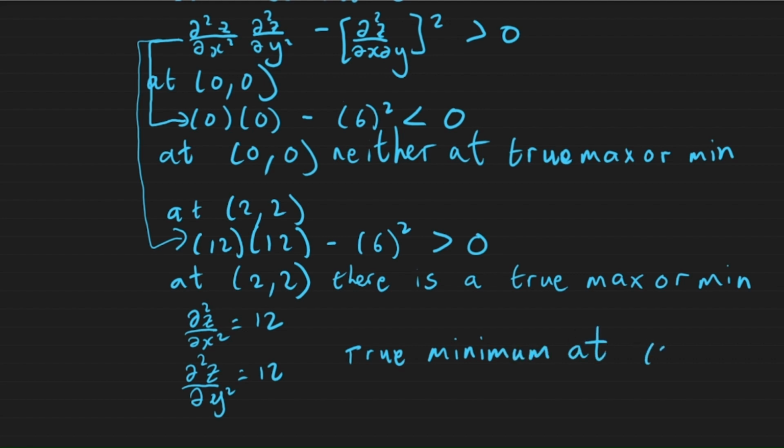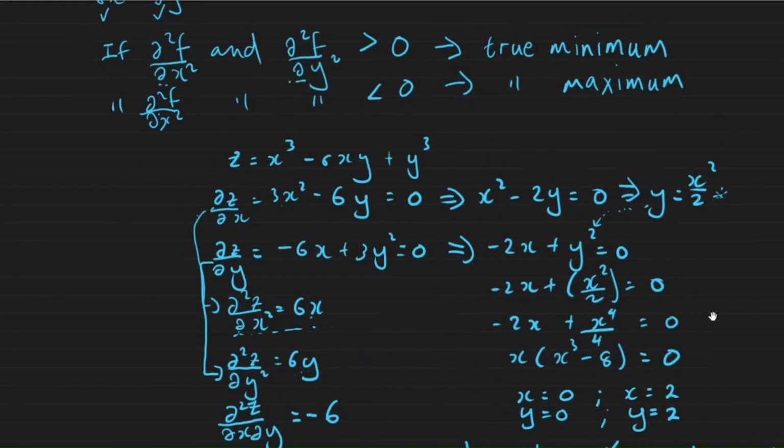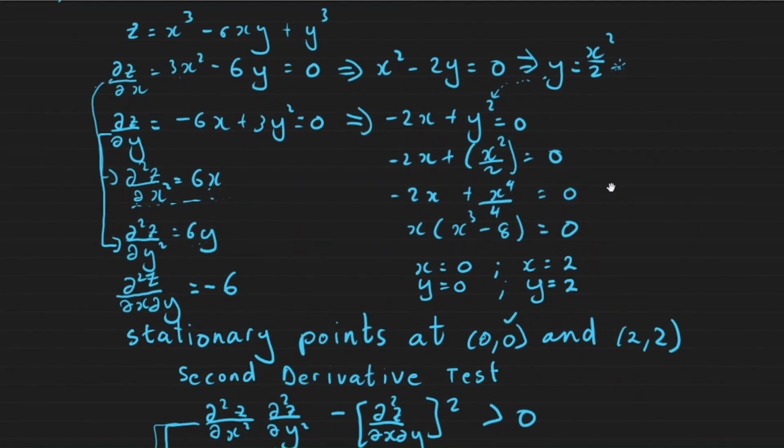at point 2, 2. And what is that value? All we do is we substitute 2, 2 inside our function. So this was our function, and we put in the values 2, 2.